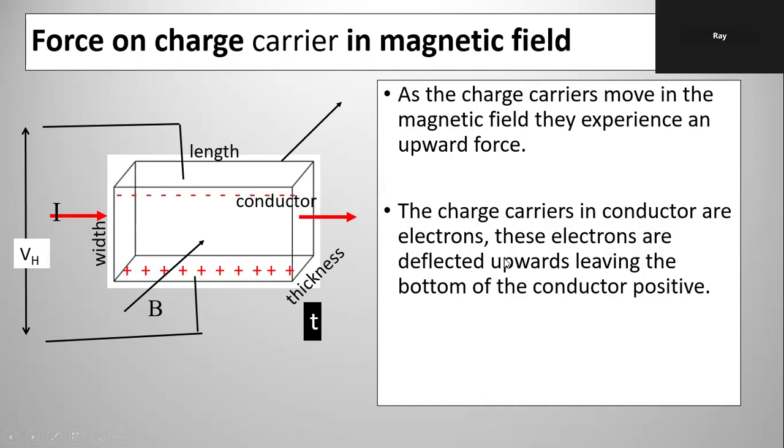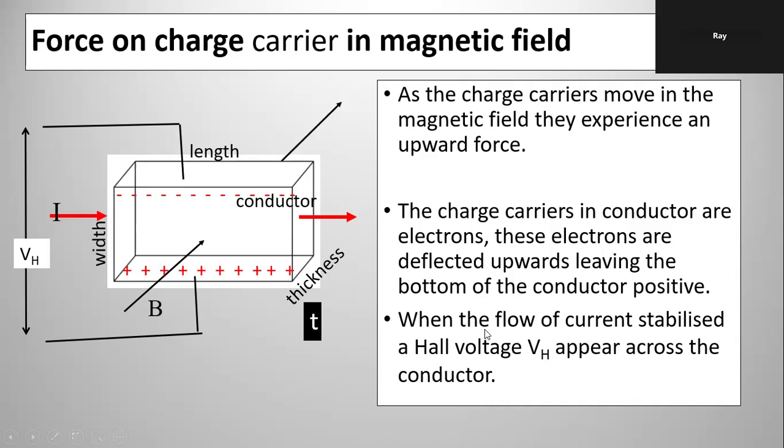Electrons flow from right to left and experience an outward force, so the bottom will be positive. When it stabilizes, the current is constant, the top will be negative, the bottom will be positive, and the current will just go straight through.